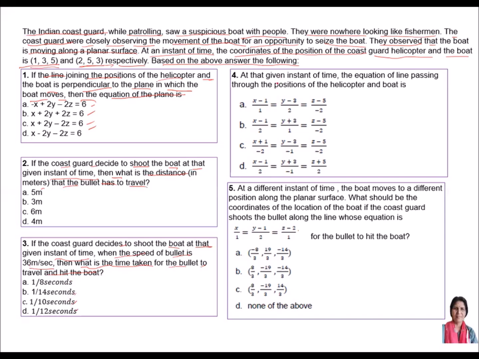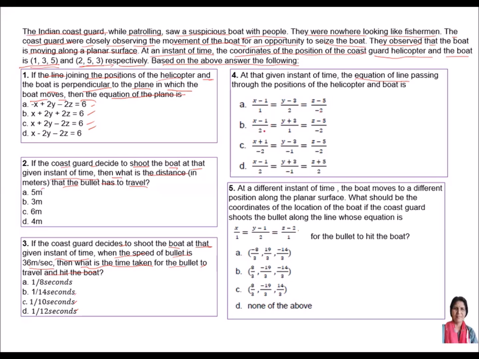Now part 4: at that given instant of time, the equation of the line passing through the position of the helicopter and the boat. You have to find the equation of the line joining these two given points 1, 3, 5 and 2, 5, 3. The possible answers are: x minus 3 upon 1, y minus 3 upon 2 is equal to z minus 1 upon minus 2.